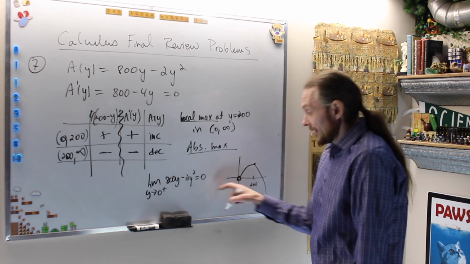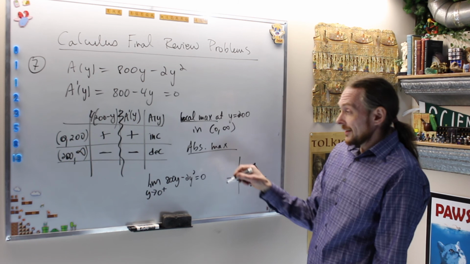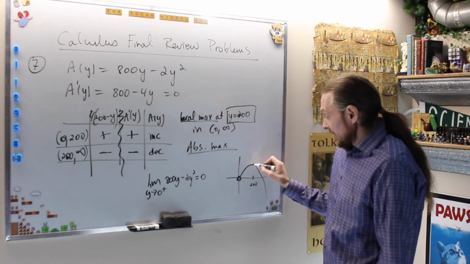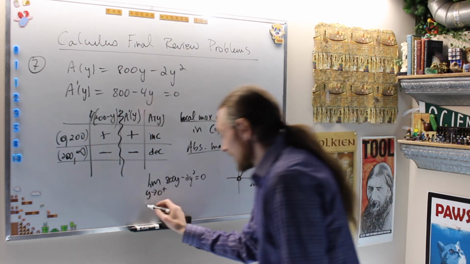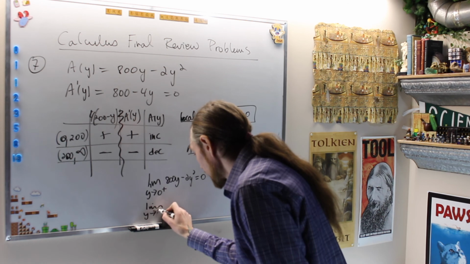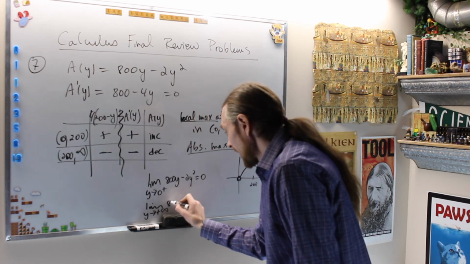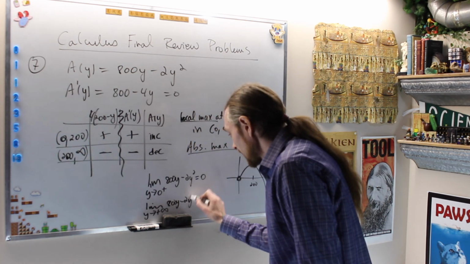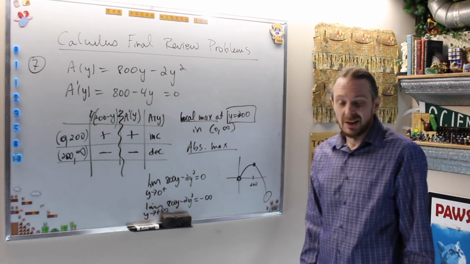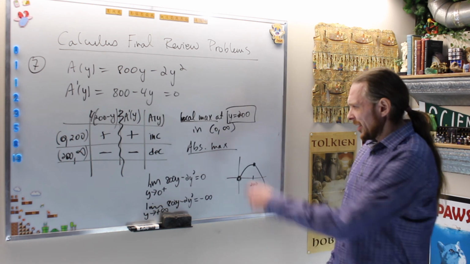So this limit is 0, which is definitely less than my maximum, which we're going to compute in a second. And at my other boundary point of this interval, the limit as y approaches positive infinity of 800y minus 2y squared is negative infinity. So it just gets smaller and smaller, not bigger and bigger.